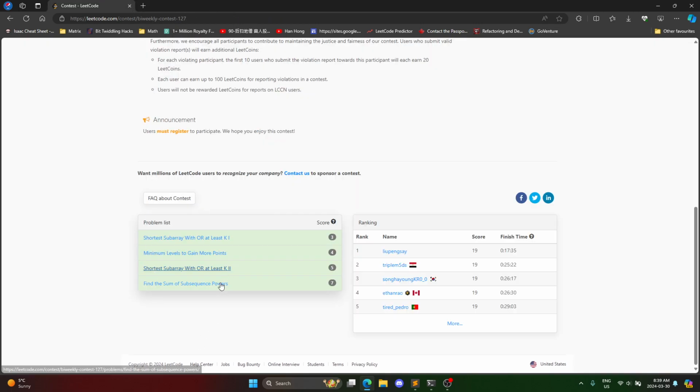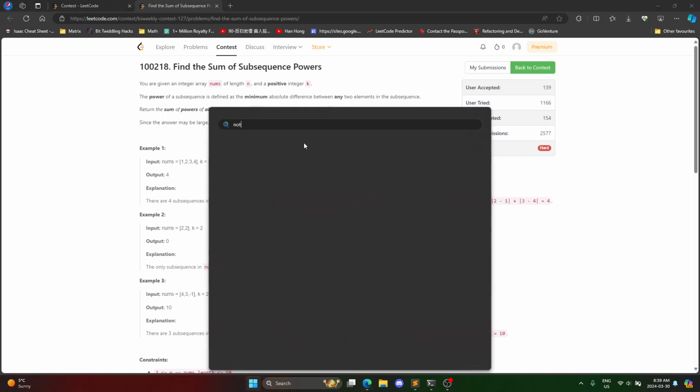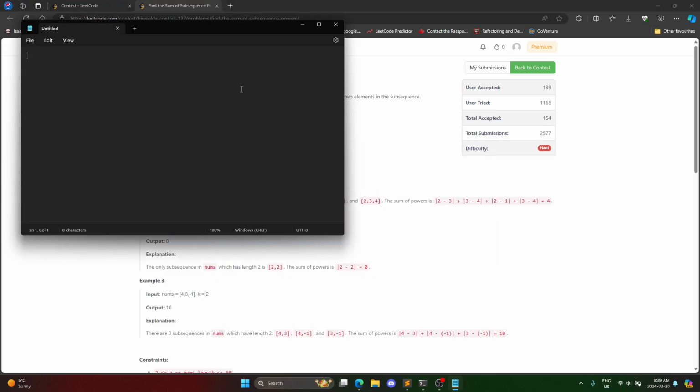Question 4 is much harder. So okay, let me think about how to explain question 4. So the idea is that let's not worry so much about this right now, because the main issue is that like if I have a subsequence, let's just say 1, 2, 3, 4, 5, right?